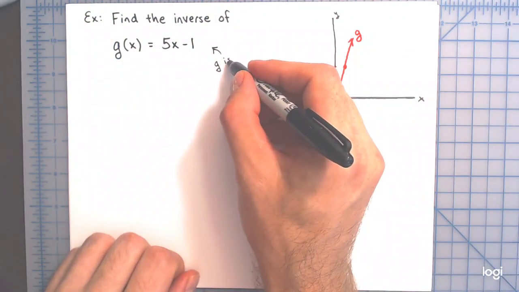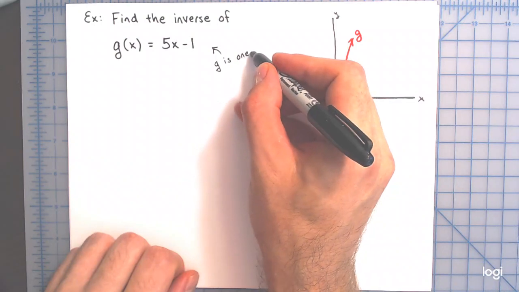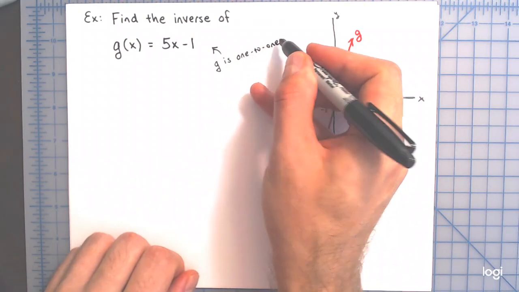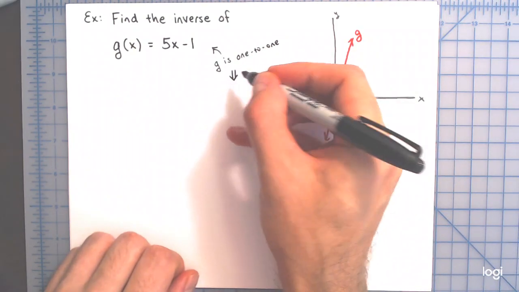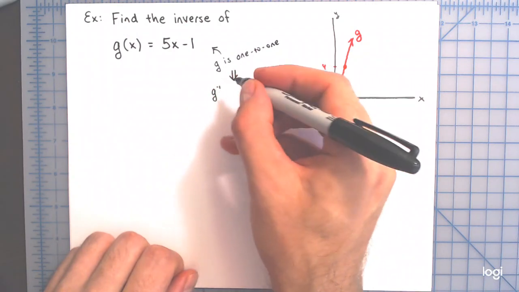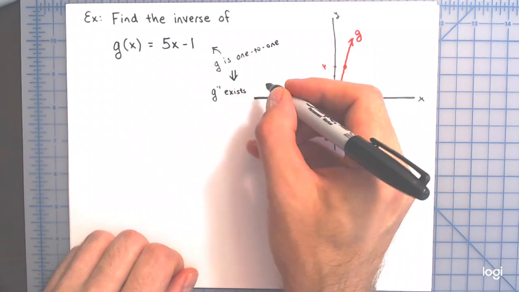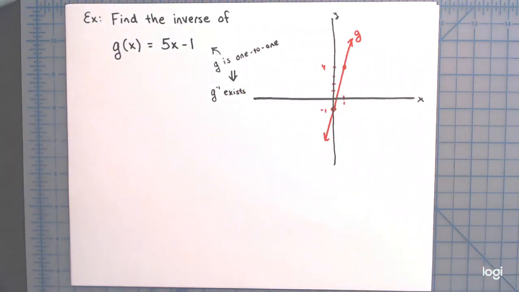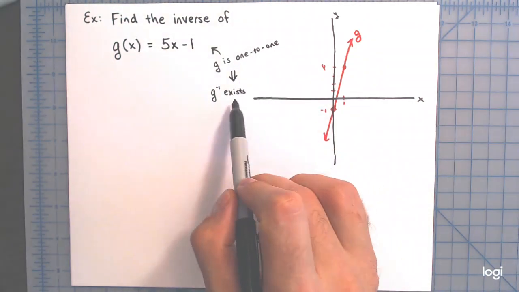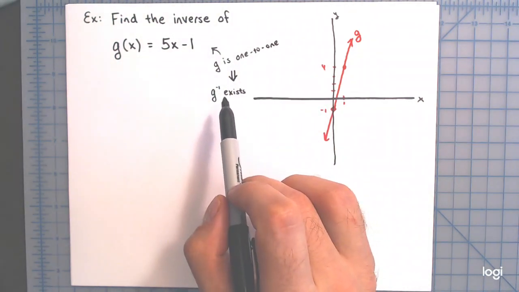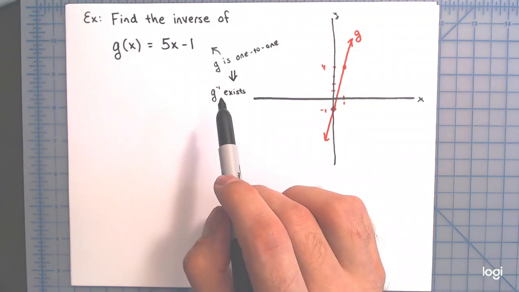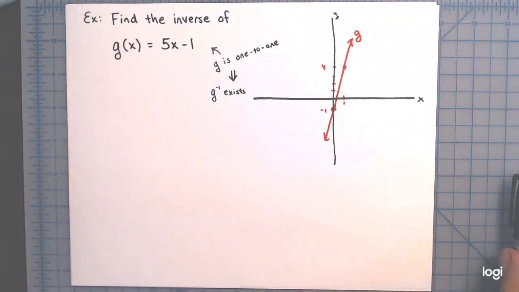So function g is one-to-one, and that tells me that g inverse exists. If it wasn't one-to-one, then I wouldn't have a function g inverse. You could draw the inverse, sure, but it wouldn't be a function.